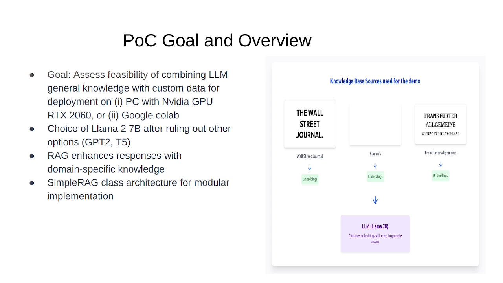The diagram on the right-hand side of the slide illustrates the knowledge sources for the demo. I'm working with content from financial publications like Wall Street Journal, Barron's, Frankfurt Allgemeine, showing how RAG enables me to enhance the model's responses with domain-specific knowledge.